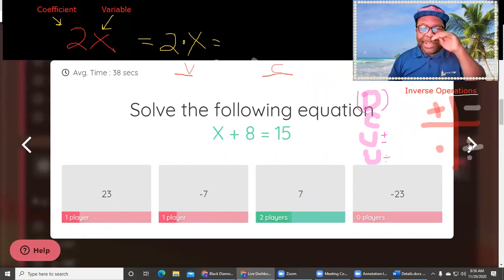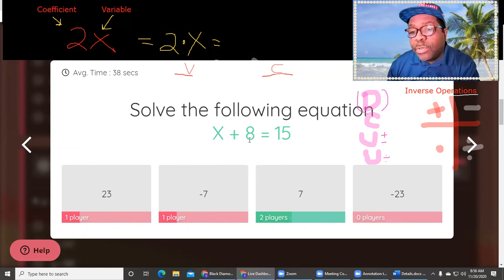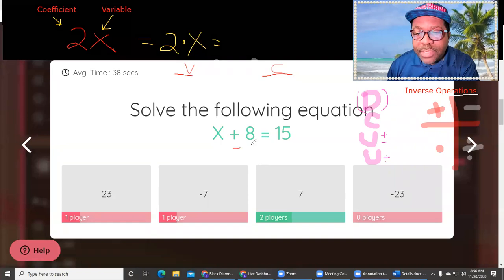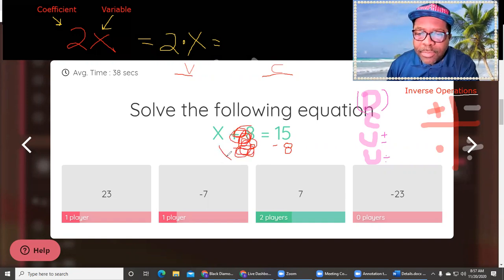Solve the following equation. So you can do this quickly. All you're going to do is subtract 8 from both sides. So plus 8 minus 8, you had $8, you lost it. That happens.